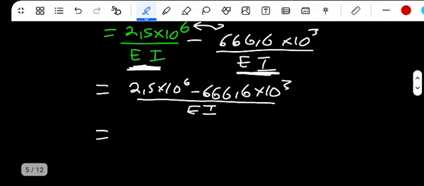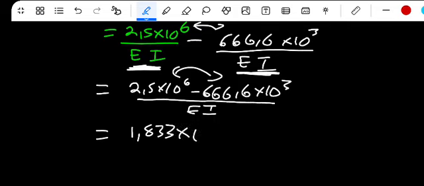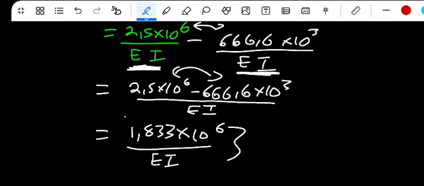So simply punch this on the calculator. You'll have 1.833 times 10 to the power of positive 6 divided by EI. So this is what you have so far.